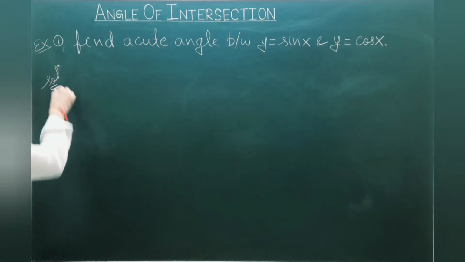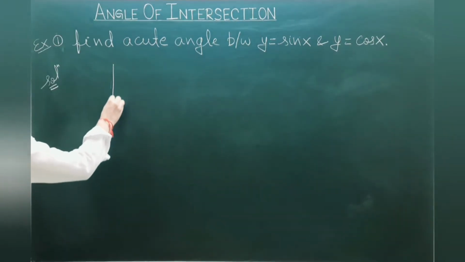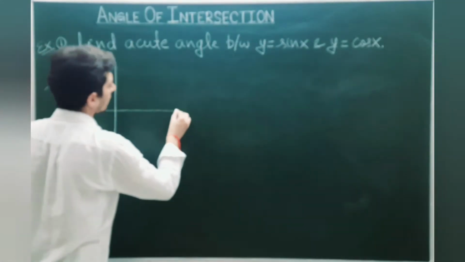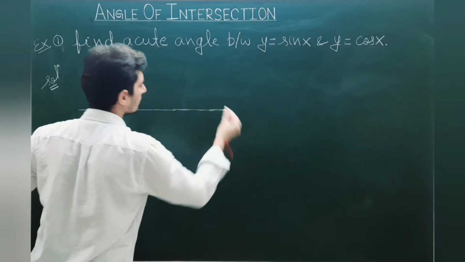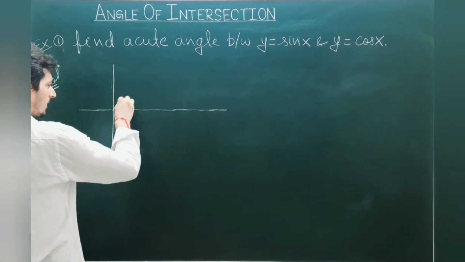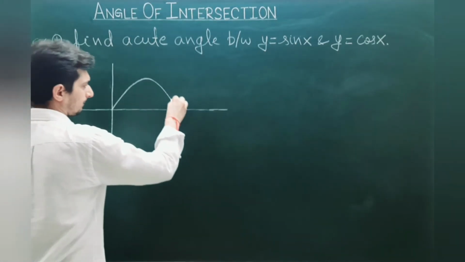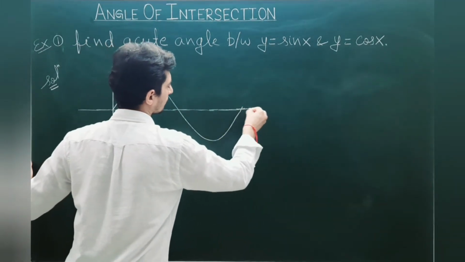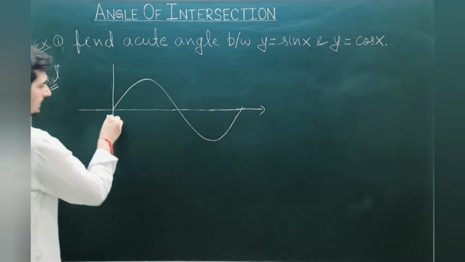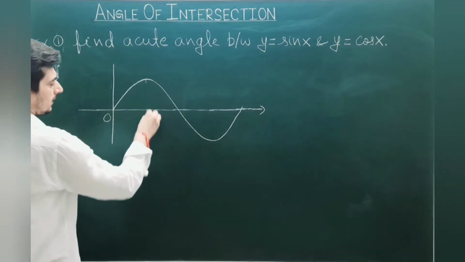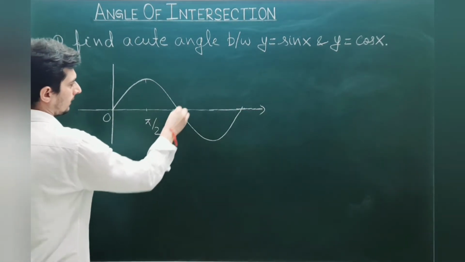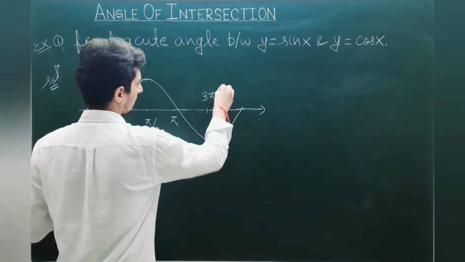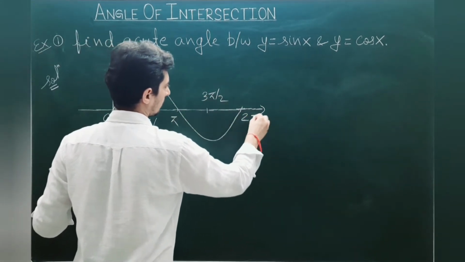Sine and cos, you have already drawn these curves so many times, so I am going to draw it for you one more time. Sine, it is like this, right? You know the angles. 0, this is pi by 2, then this is pi, 3 pi by 2 and 2 pi.